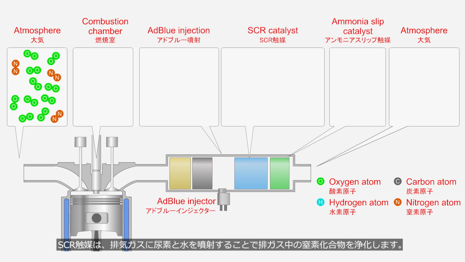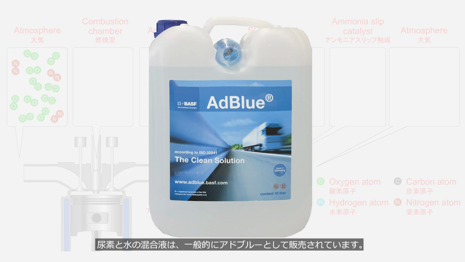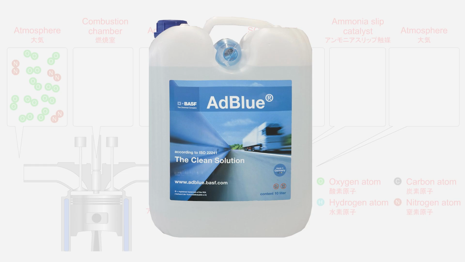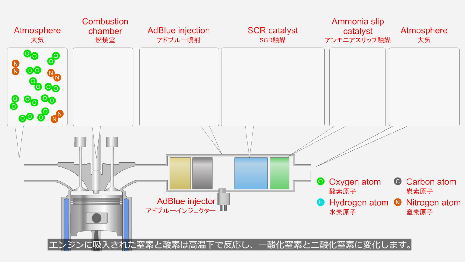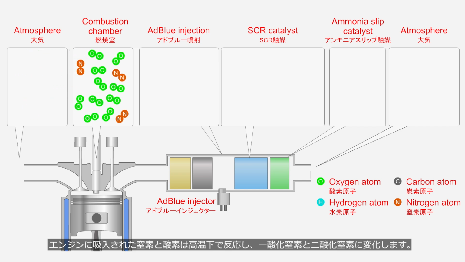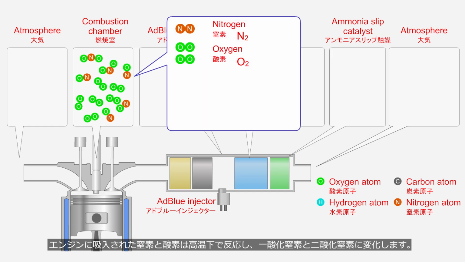The SCR catalyst purifies nitrogen compounds in the exhaust gas by injecting urea and water into the exhaust stream. The mixture of urea and water is commonly sold as AdBlue. The nitrogen and oxygen drawn into the engine react at high temperatures, converting into nitrogen monoxide and nitrogen dioxide.